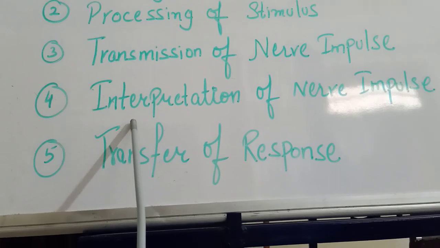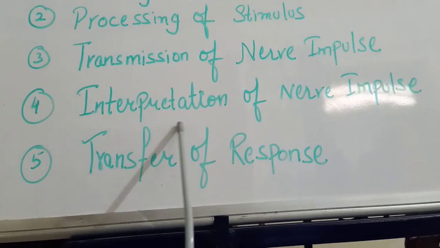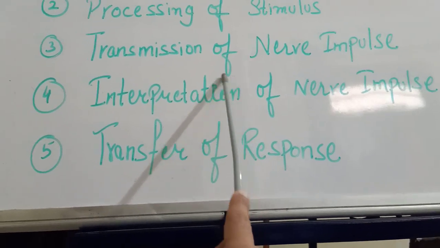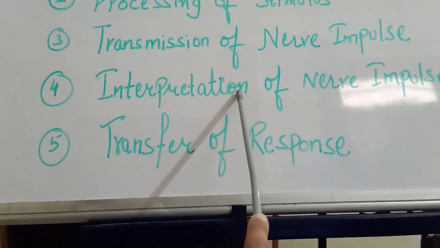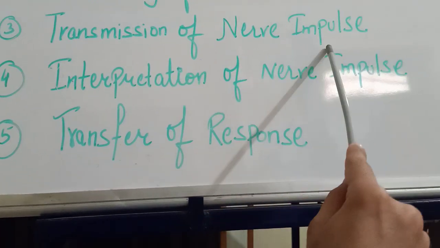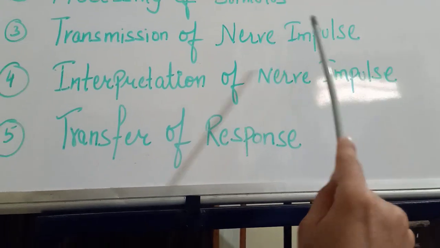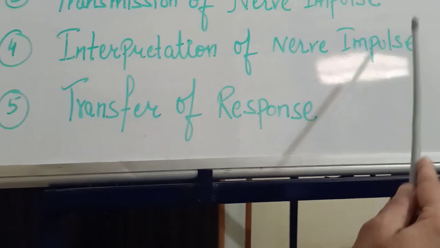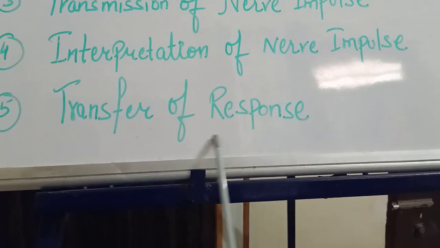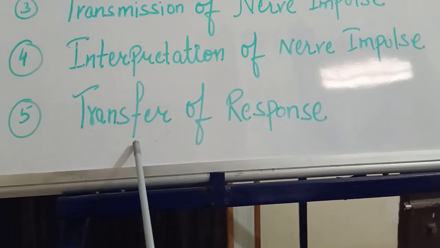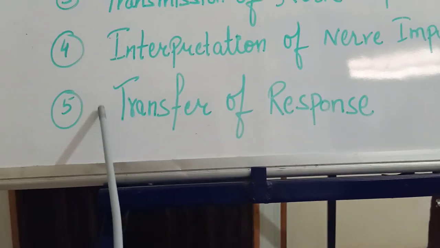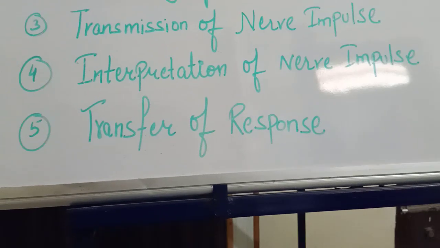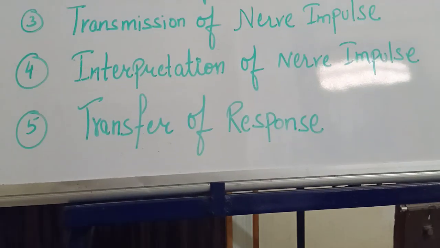Then the brain and the spinal cord, which are the main components of the central nervous system, interpret the information they get in the form of nerve impulses. After interpretation, the response is given back to the effector organ, the organ on which we took the stimuli. These are the various steps of the mechanism of the nervous system.